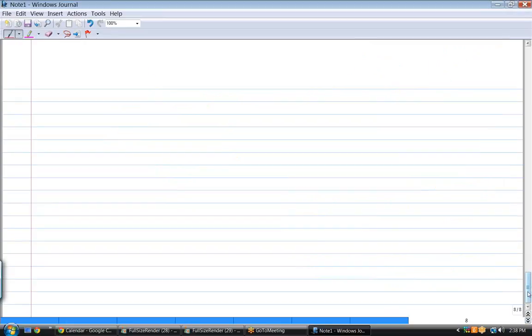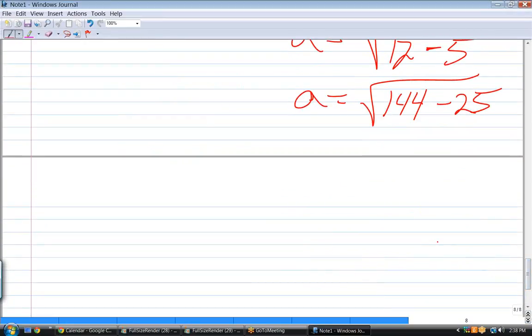What is that? That looks like 119. Can I simplify that? The answer to that is it would have to be divisible by some perfect square number, starting at 2 squared.